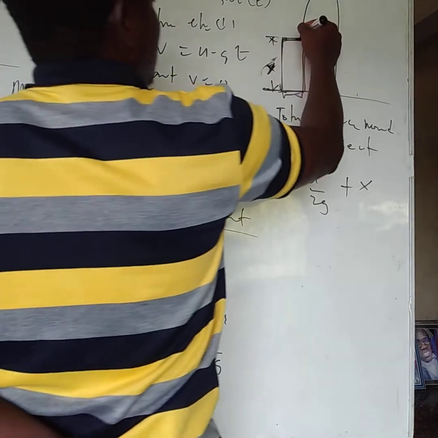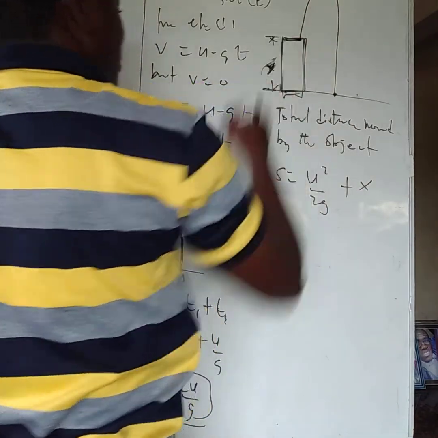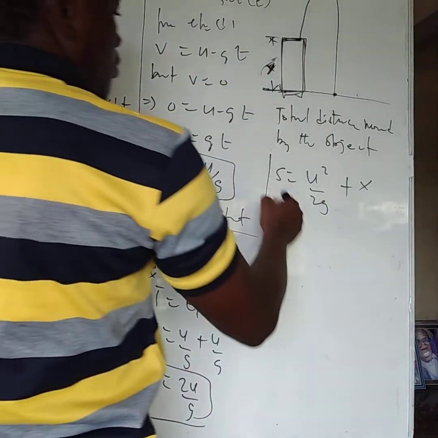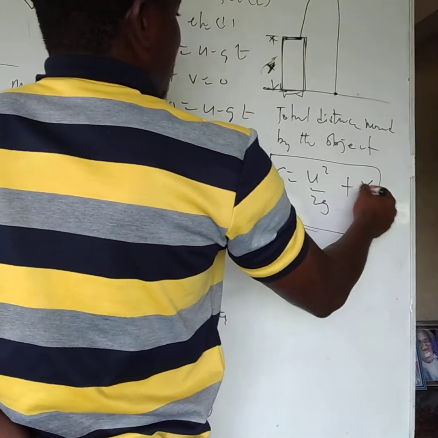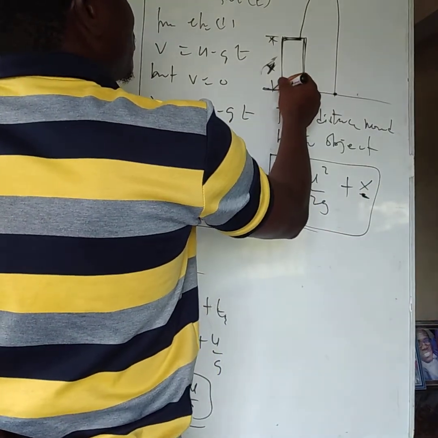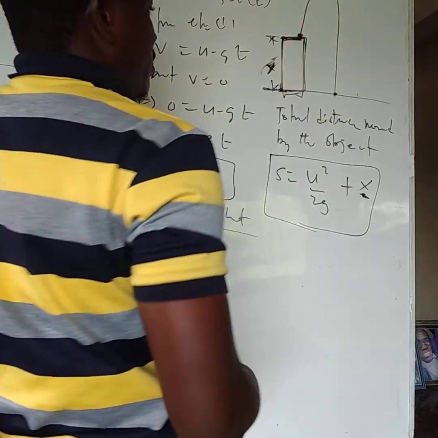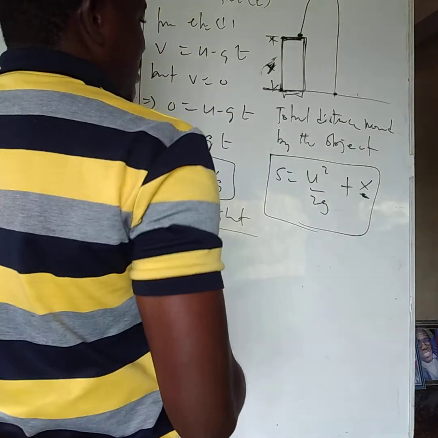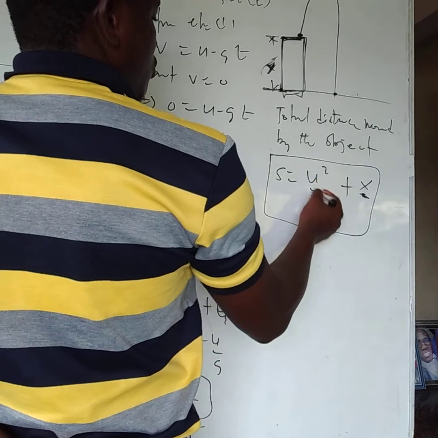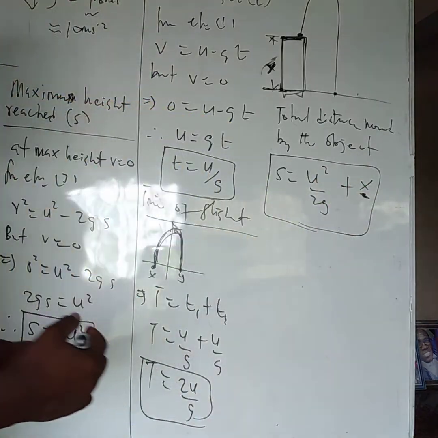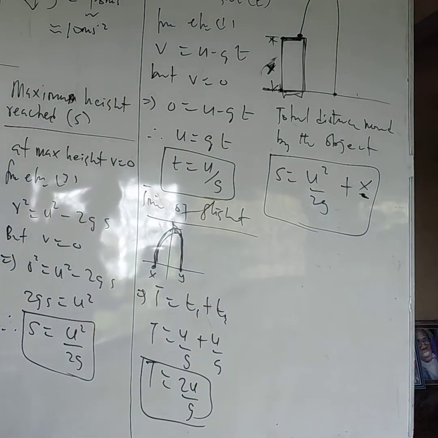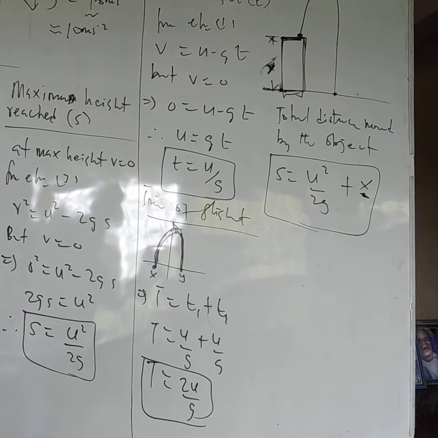So you can calculate from here to here, and then you add this one to it. This x here indicates the distance from the ground to where the object is thrown from. So the total distance becomes s is equal to u squared all over 2g plus x. Let us just try a few examples and then see.